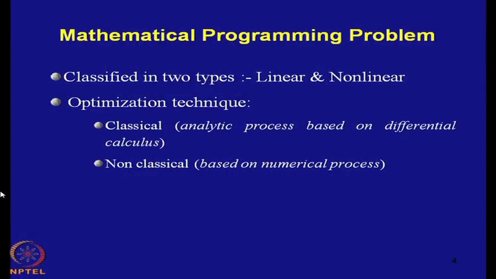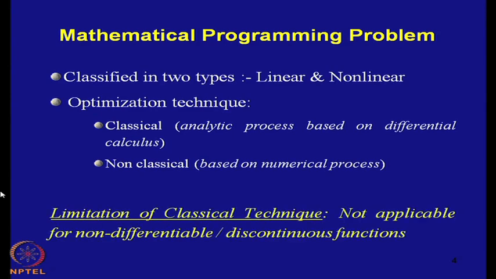Non-classical or numerical processes will be different, and different methodologies will be adopted for them. And this is the main thing for the classical technique. Since we are applying the differential calculus method, we are going for differential coefficients of the given functions.